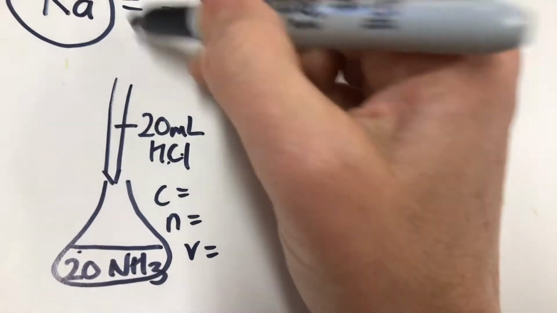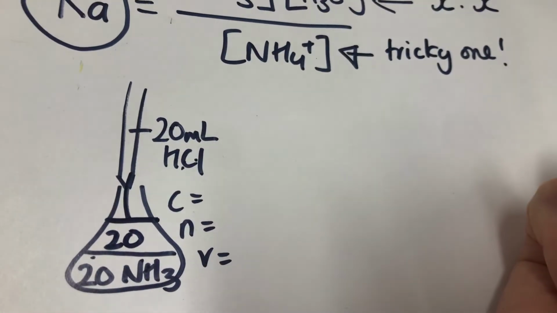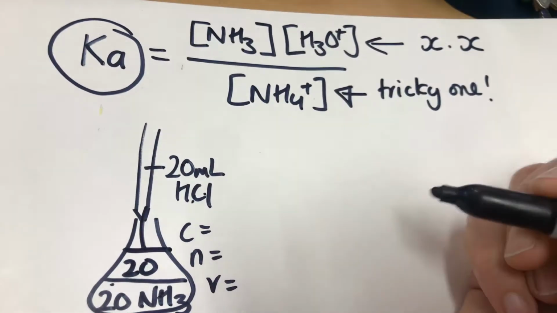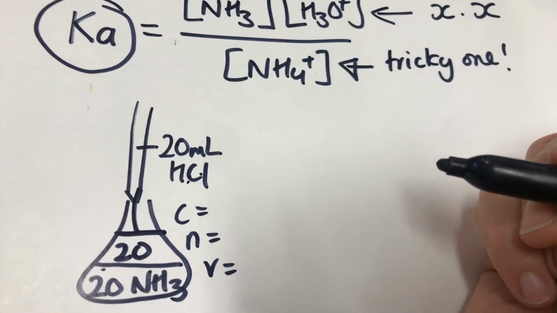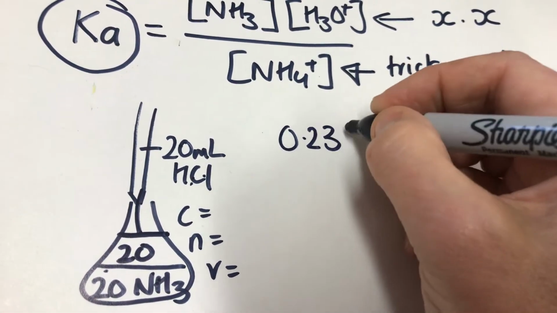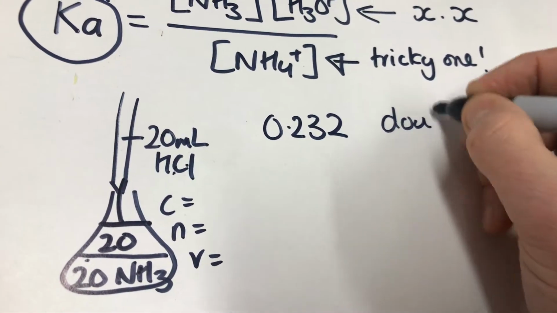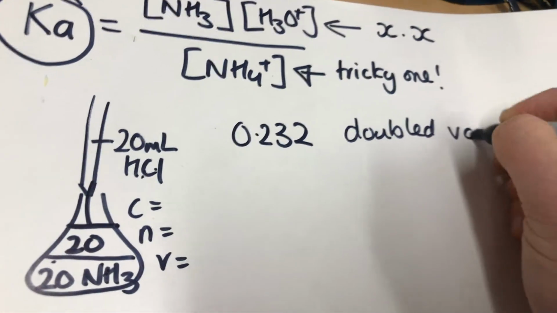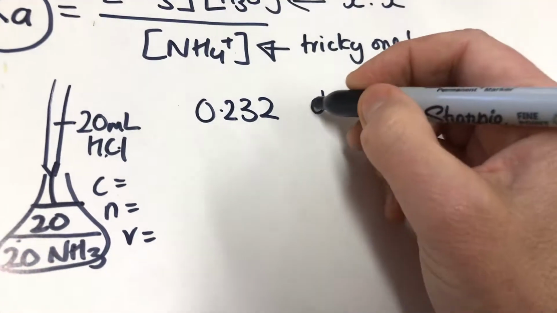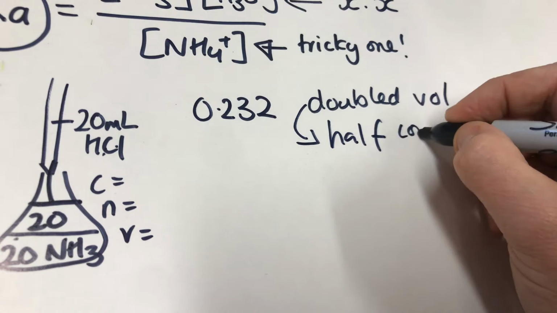So we are now looking at a situation when we've added that 20 mils in, which has resulted in this weak acidic salt. So we've actually got 0.232 moles per litre for our original, and we have doubled the volume, right, 20 plus 20, which means we are going to half the concentration.